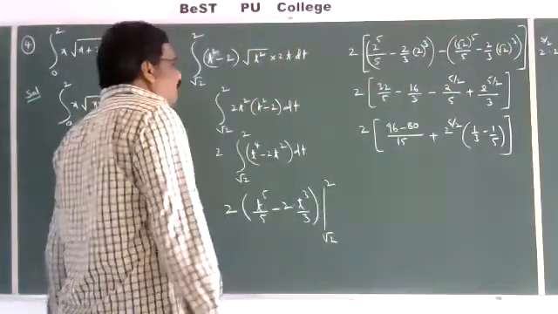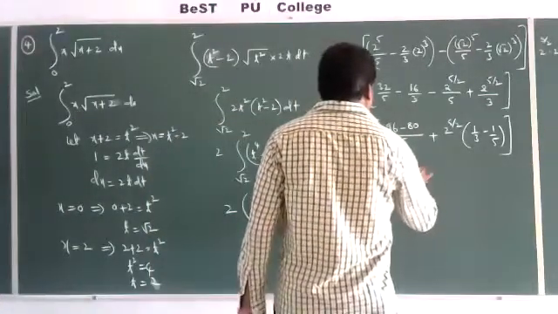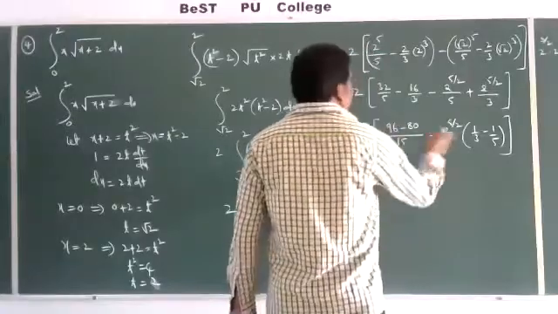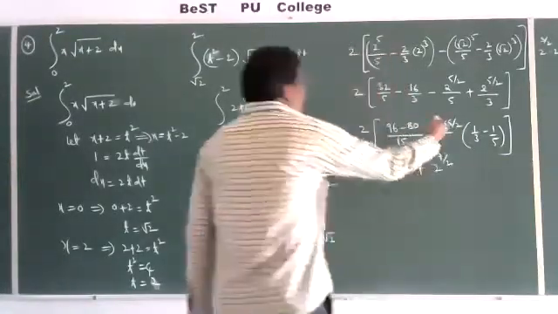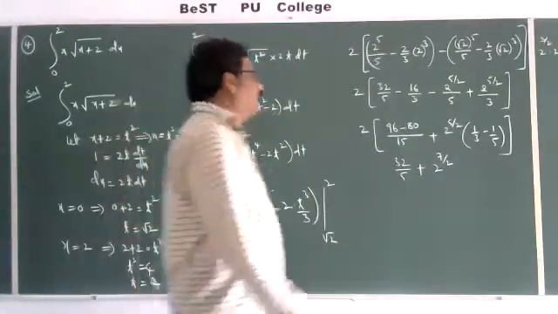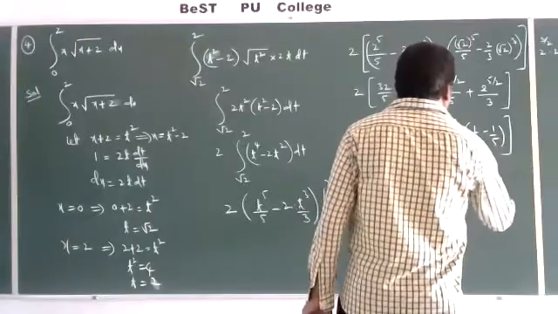Yes, 96 minus 80 is 16, 2 into 16, 32 by 5. Plus here 2 into 2 to the power of 5 by 2 is 2 to the power of 7 by 2. In the bracket you get 5 minus 3, that is 2 by 15.